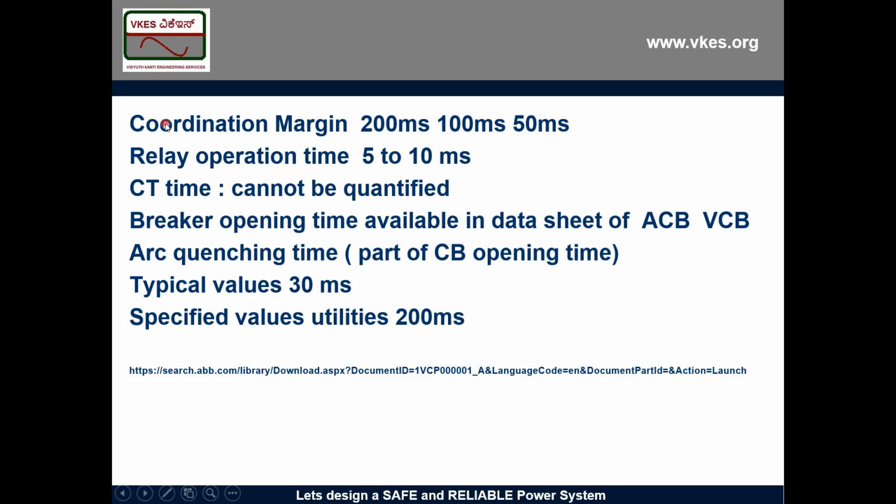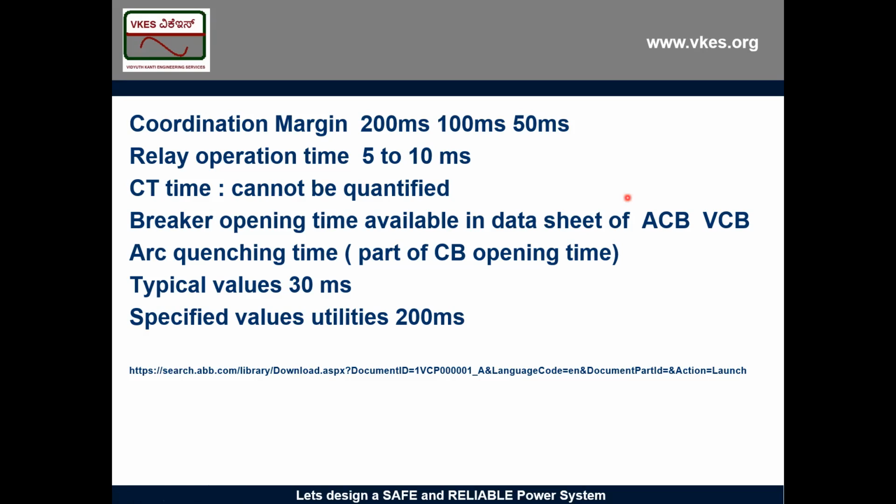Okay, so see the coordination margin during your relay coordination. Please select whatever the owner specification is. Suppose you are doing a Shell project, a Total project, or some NTPC project, whichever project you are doing, please check what the owner spec is and select accordingly. If the owner is not giving anything, then you decide based on the type of relay.